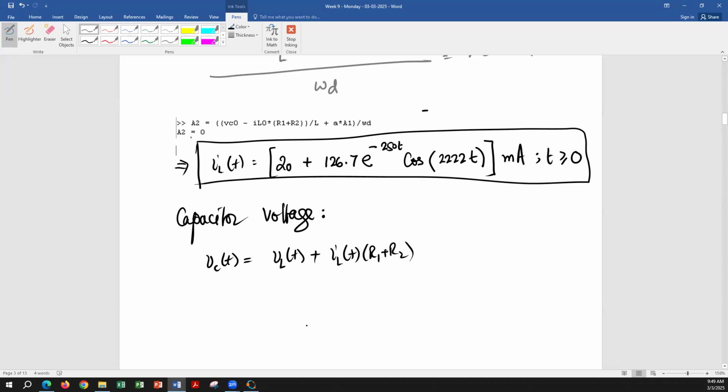That's the KVL that we applied in that loop, and that gives us the capacitor voltage. All right, VL(t), how are we going to write VL(t)? L di/dt.